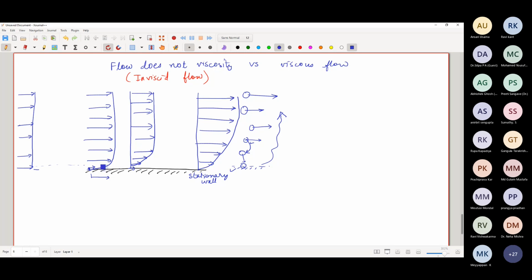If I connect the points where the fluid layer is merging with the uniform velocity, u infinity, there will be some point after which the effect of the wall will not be felt. So if I connect this, this particular layer is called the boundary layer.